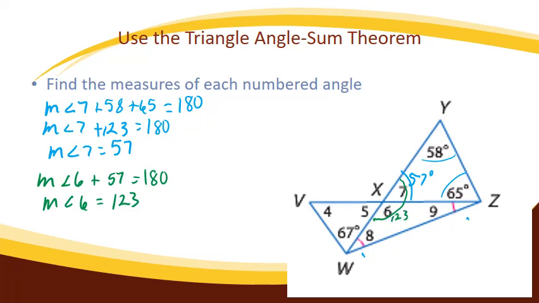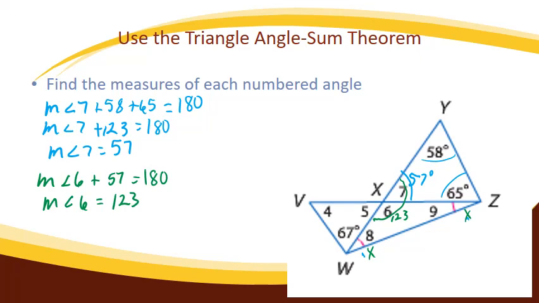All right, well, armed with that information, I could find the measures of angles 8 and 9 because they're congruent. So let's say that this is x and this is x. And so using the triangle angle sum theorem, that means that angle 8 plus angle 9 plus angle 6, which is 123, must equal 180.